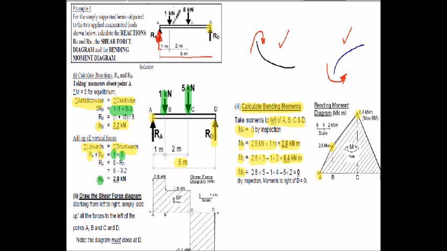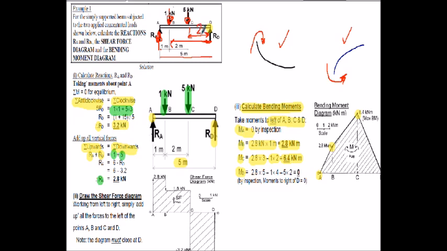Looking to the left, I've got the 1 kilonewton force, but that's now times 4 meters, so 4 meters from D, always from the point you're considering. And I've got now the 5 kilonewton force here, and that's multiplied by 2 meters from D, so that's where the values are coming from.